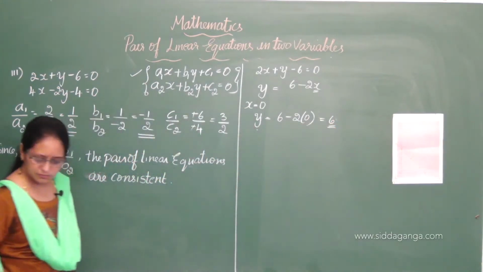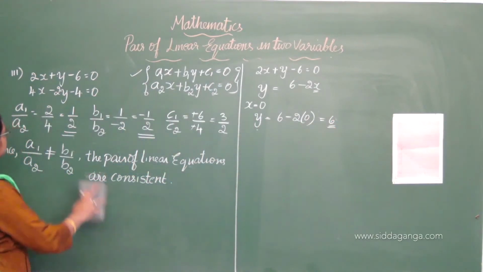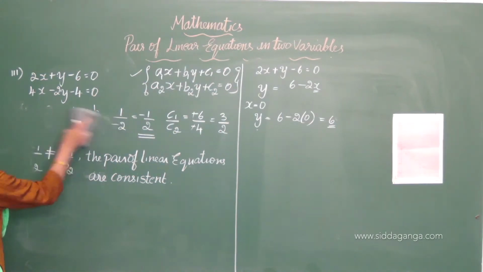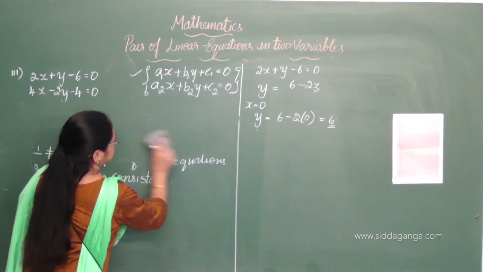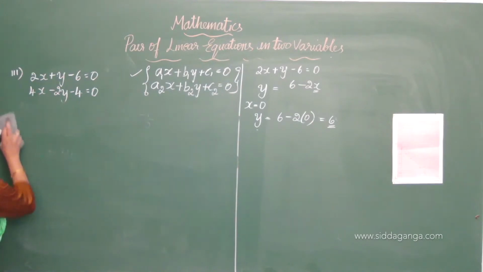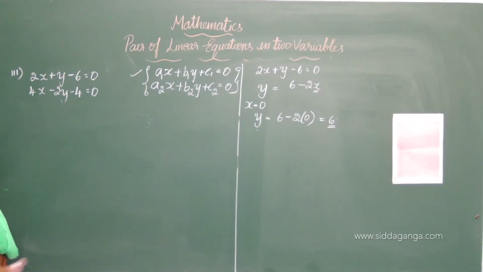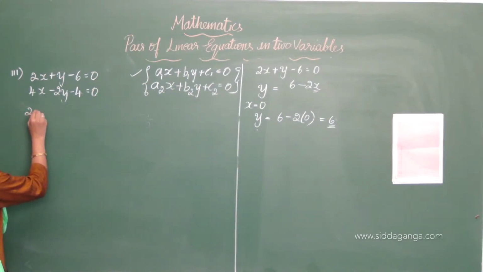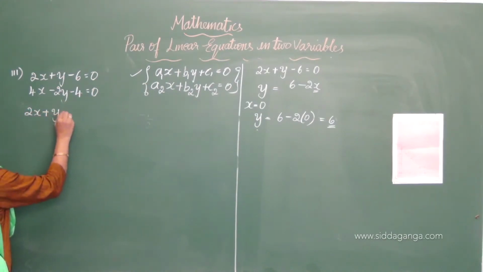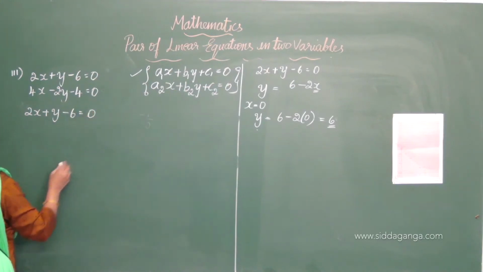Okay. Now, I am going to rub this. So, I will put the table here for the first one, 2x plus y minus 6 is equal to 0.